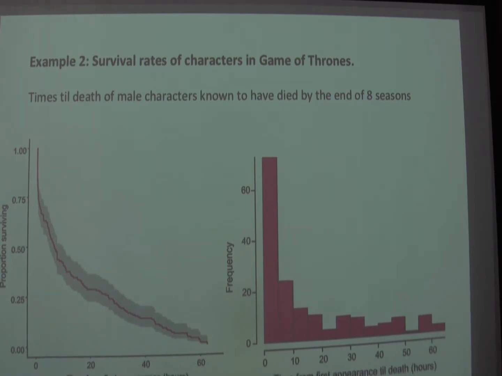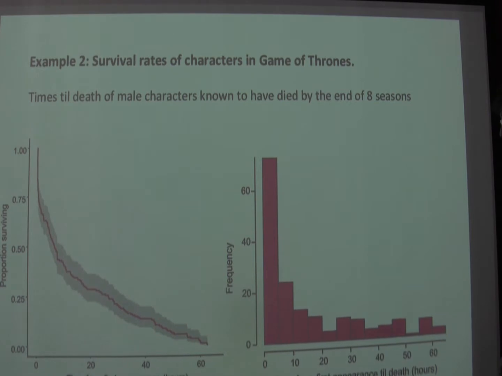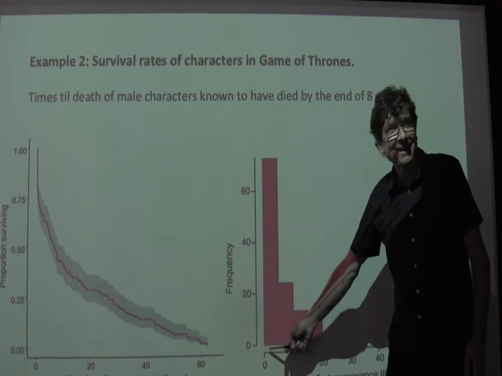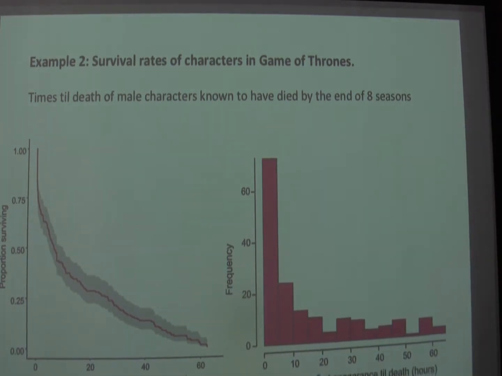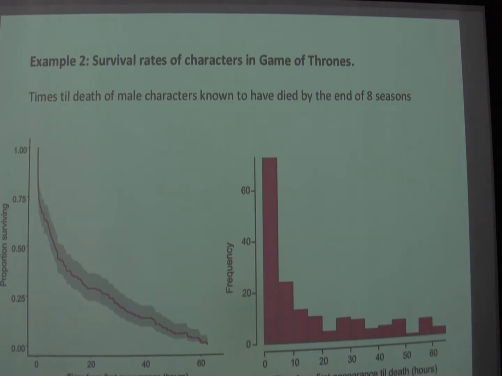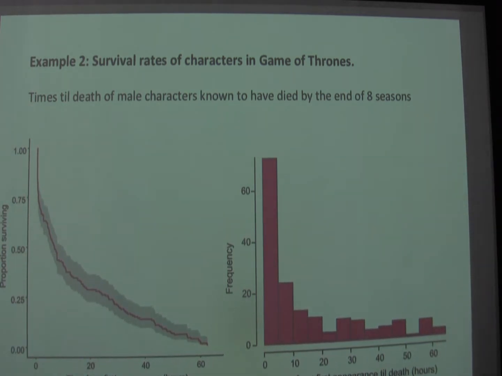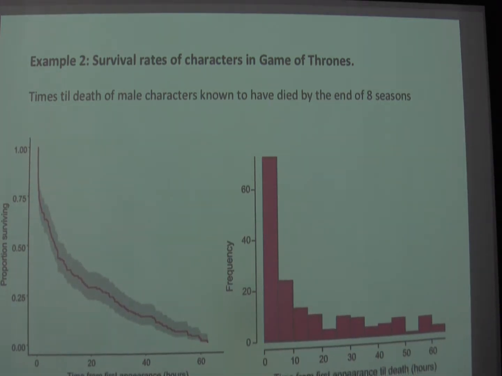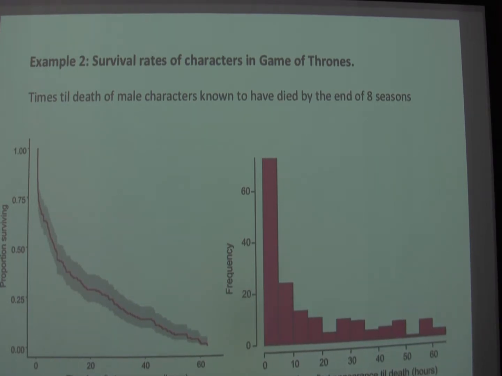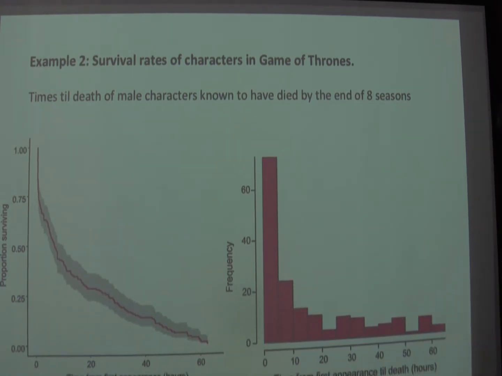Time is measured in hours, TV hours. So 0 means that they died almost right away. But that could have happened in any season, at any time. It does look like there's a fairly steep curve, and then not many survived till the very end.